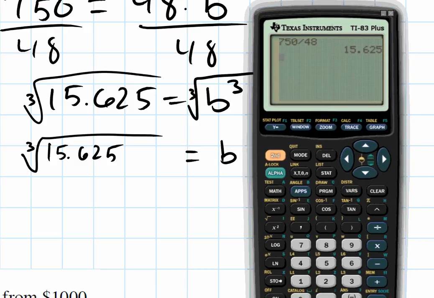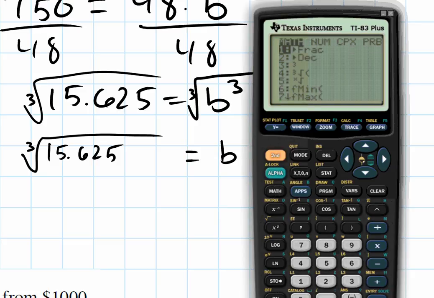So I'm going to do this the long way. I'm going to do the method where I hit a 3, and then I hit math, and then I specify that I want a cube root, or an x root, right? So I'm not going to use the cube root, I'm going to use the x root one. So I'm entering option 5, and so this is going to be a cube root, and then I'm just going to enter the 15.625.